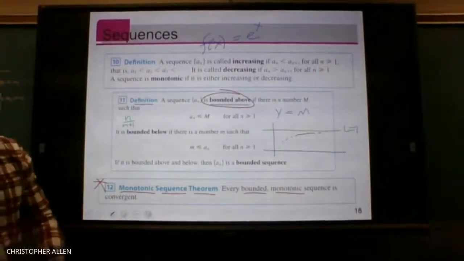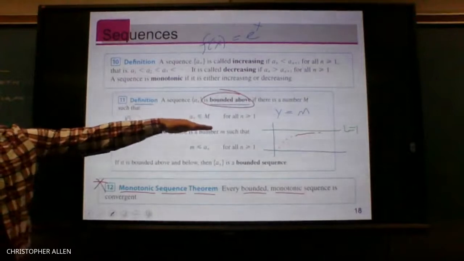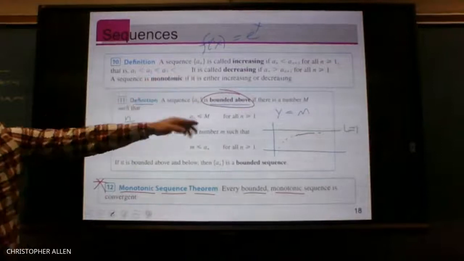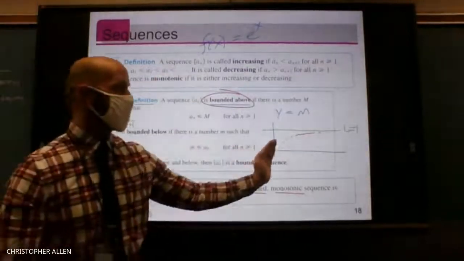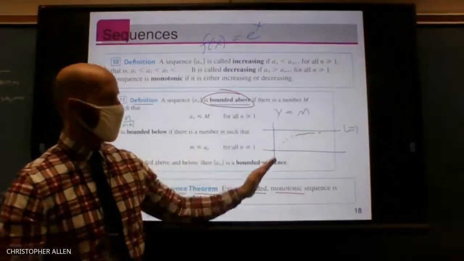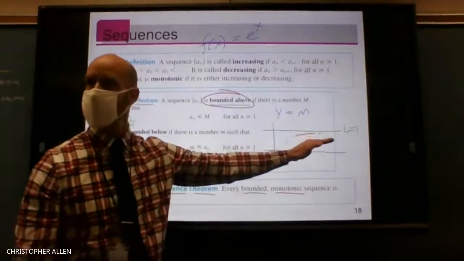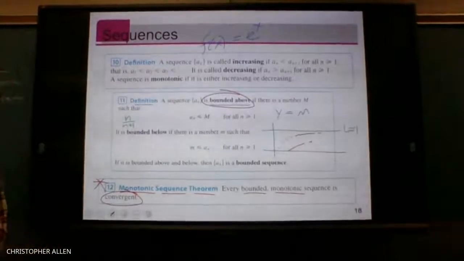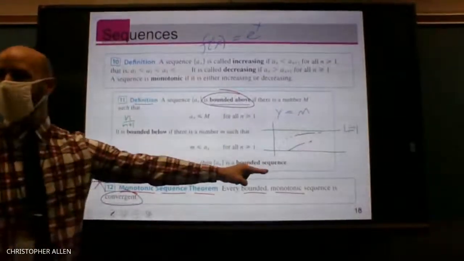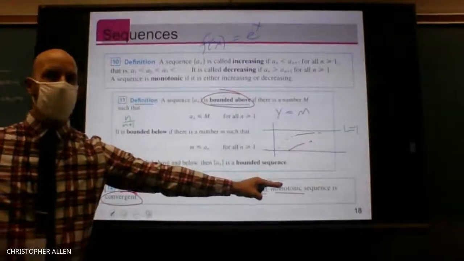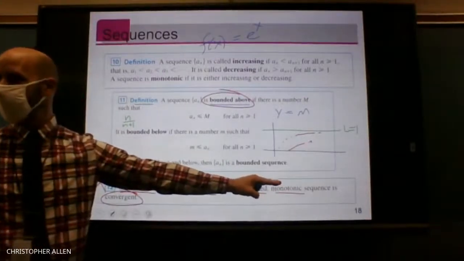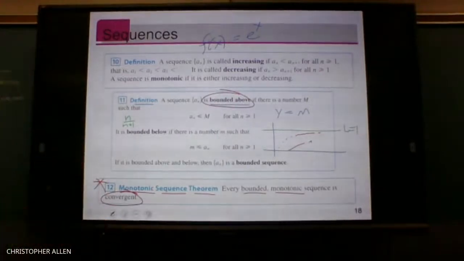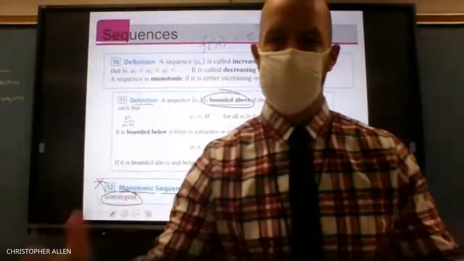So if you can establish that it's bounded above, and you can figure out that it's also, let's say, increasing, in this example here, would you agree that this sequence was bounded above and was monotonic increasing? The answer is yes. Guess what? It has to converge. If it was bounded below and monotonic decreasing, then it would also have to be convergent. That's what this theorem is. Again, I've got one more example, but I'm going to call it a day because we're a little bit over an hour.